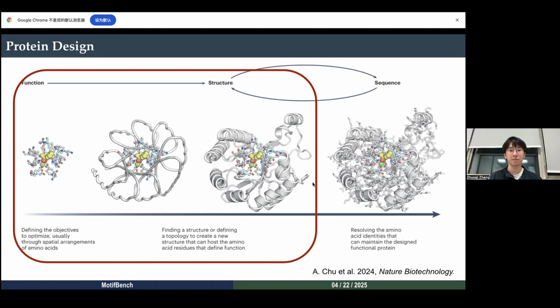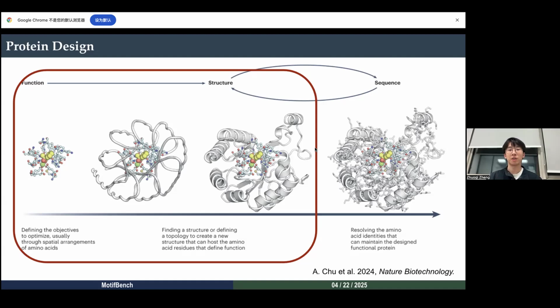So we need to find an optimal sequence compatible with the scaffold that can hold this structure, also with the desired properties. This is what we call fixed backbone sequence design.